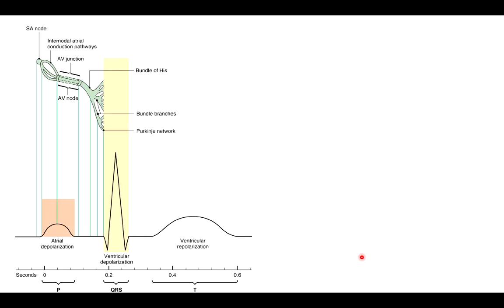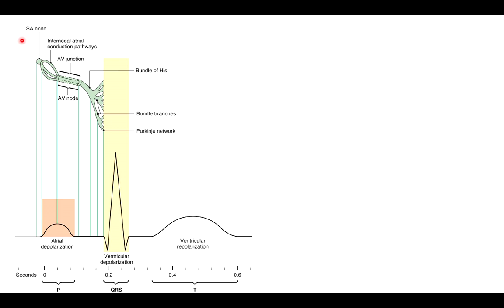So a couple of things to highlight, important bullet points, if you will, would be that the SA node, AV node, bundle of His, bundle branches, Purkinje fibers, this electrical conduction pathway corresponds to the ECG waveform, the PQRST, that we see at the bottom of the screen.